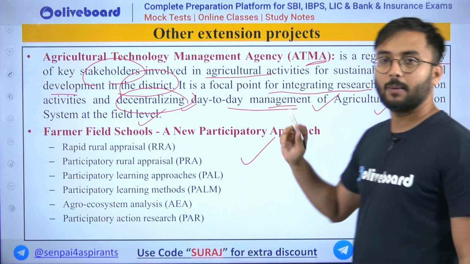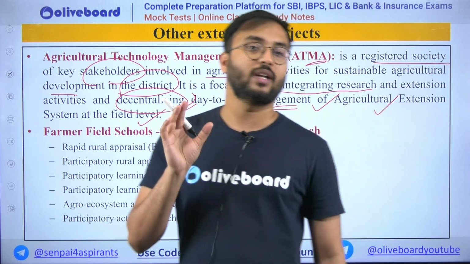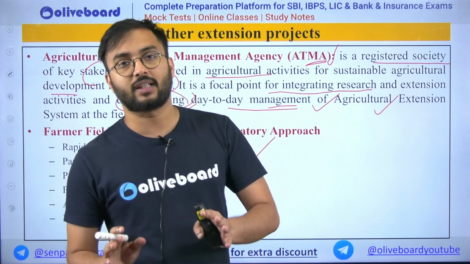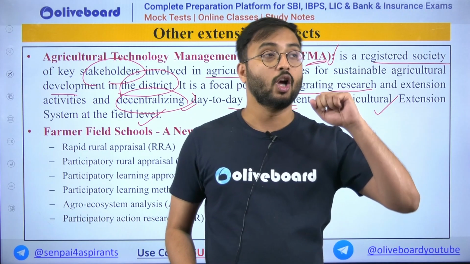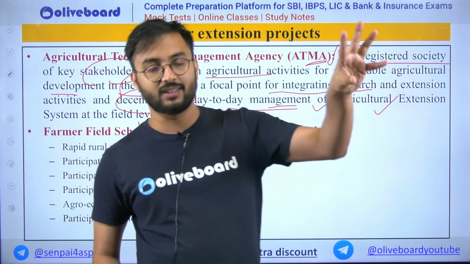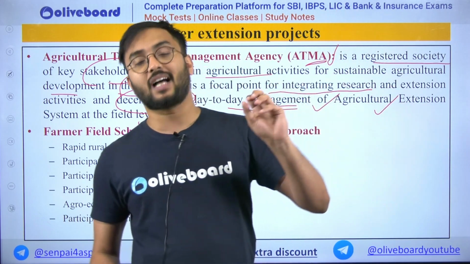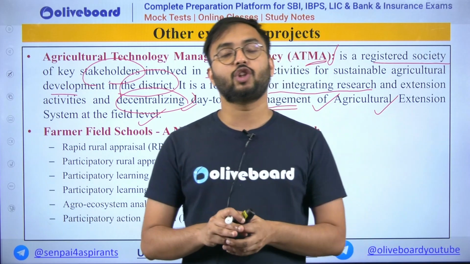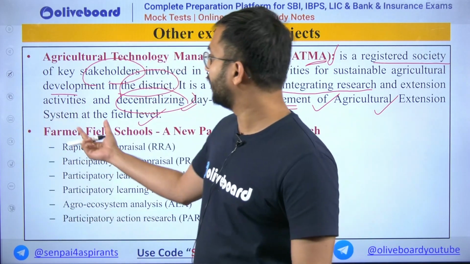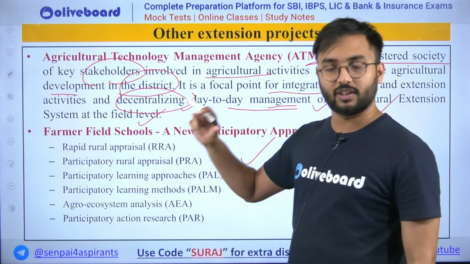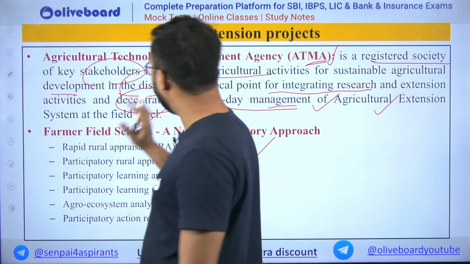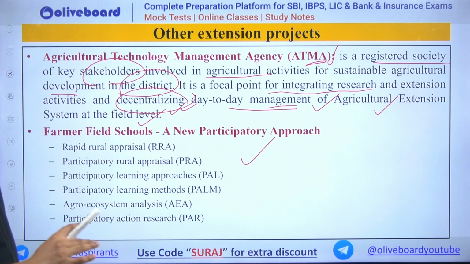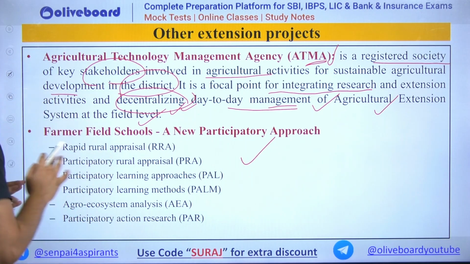So this agency makes sure that whatever new technology in the market is there, whatever new practice is there, maybe whatever new machineries and implements are there, their idea and their particular application is shared within the village level community, within the rural community, at the district level, and then whatever day-to-day management of agriculture is there, that occurs by application of all these techniques in our field.